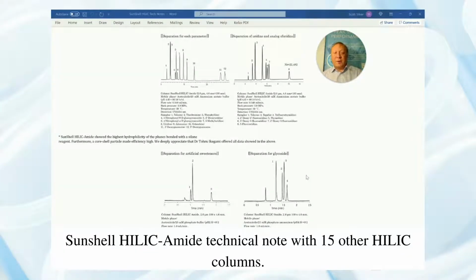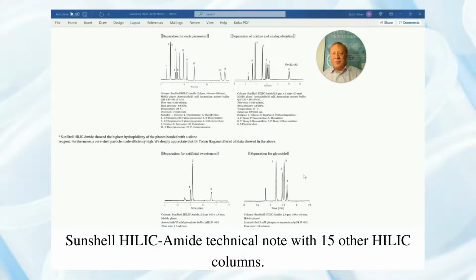In conclusion, we want to highlight that the Sunshell HILIC-Amide column showed the highest hydrophilicity of the phases bonded with a silane reagent. Additionally, the Sunshell columns are core shell based, which allows for higher efficiency.